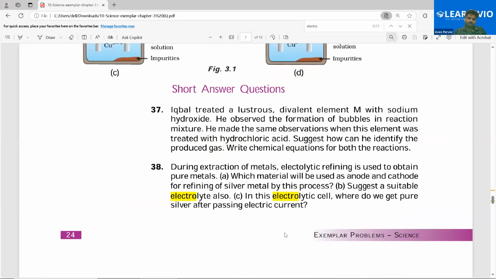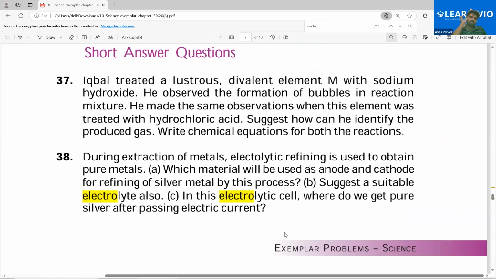Question number 38. Pure metal is used as an anode, and so which metal?